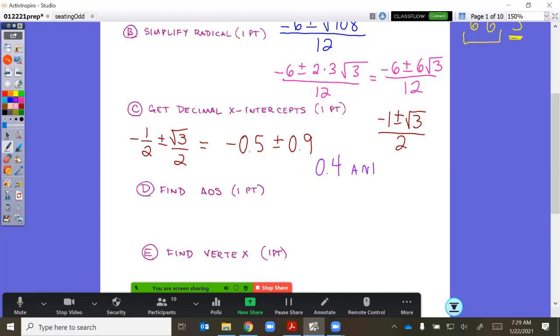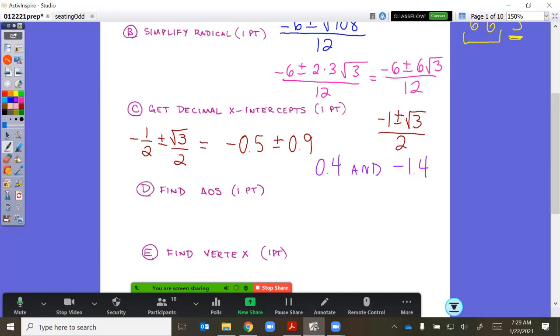And when I subtract, I'm going to get negative 1.4, right? Do you see how I got my 2 decimal answers? I added the 0.9, and then I subtracted the 0.9. Yeah, close enough is definitely good. Some of you maybe use more decimal places than I do, but you don't need to. Tenths is fine.